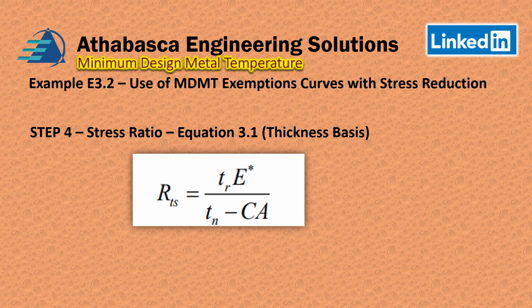So we're going to take the ratio: on the top is how much the part is stressed, and this is over the available, or basically the available thickness minus the corrosion allowance.